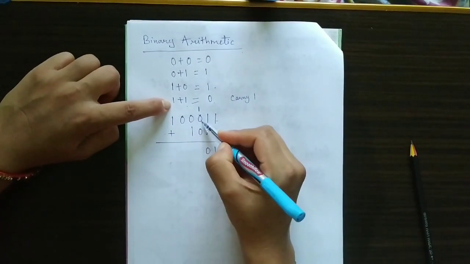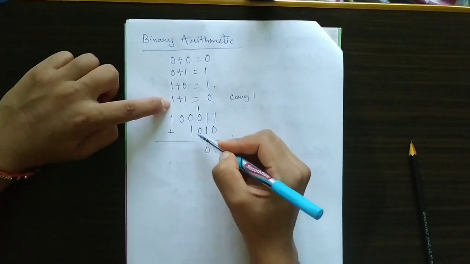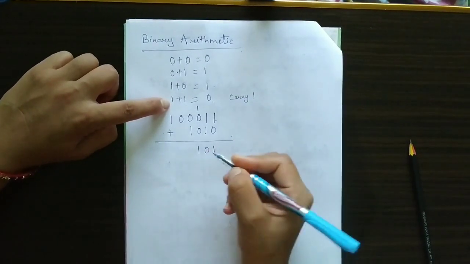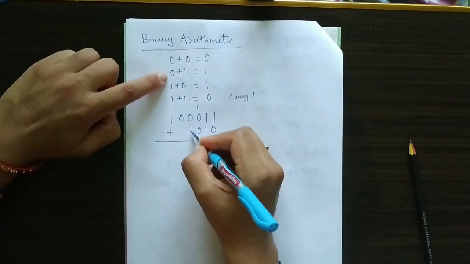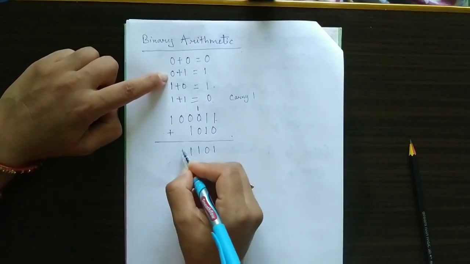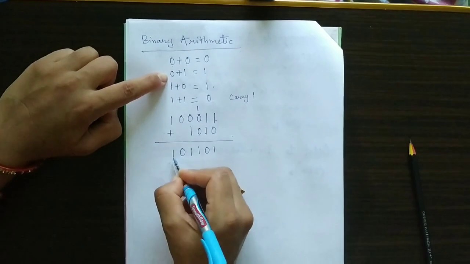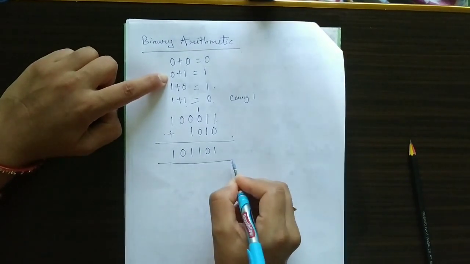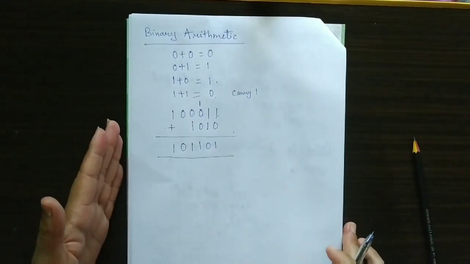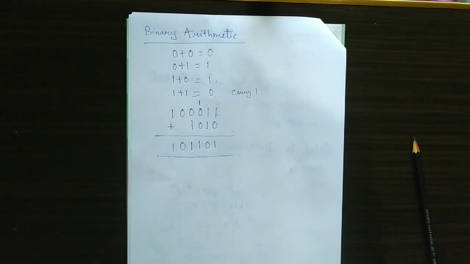Now 1 plus 0, 1 and 1 plus 0, 1. 0 plus 1, 1, 0 and 1. This is how you do addition of binary numbers.